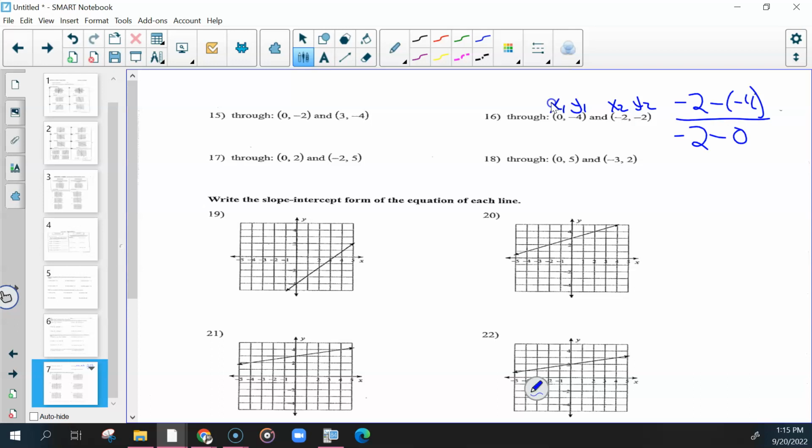Double check this one. This one is negative 2, yes, but this one wouldn't be negative 6. It's negative 2 plus 4, so positive 2. So then if we simplify this, it'd be what? Negative 1.